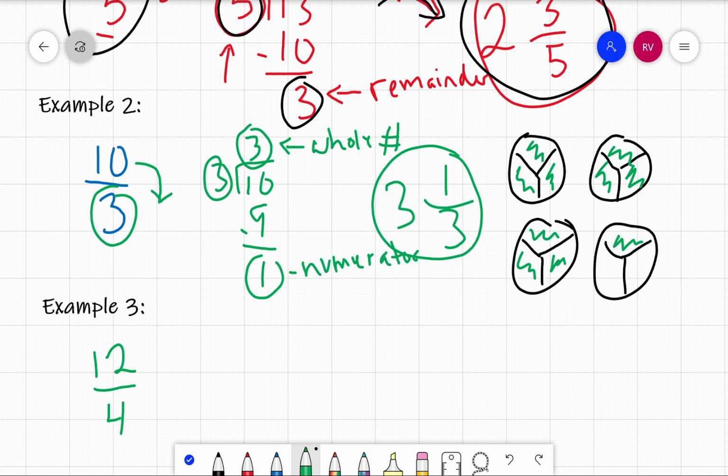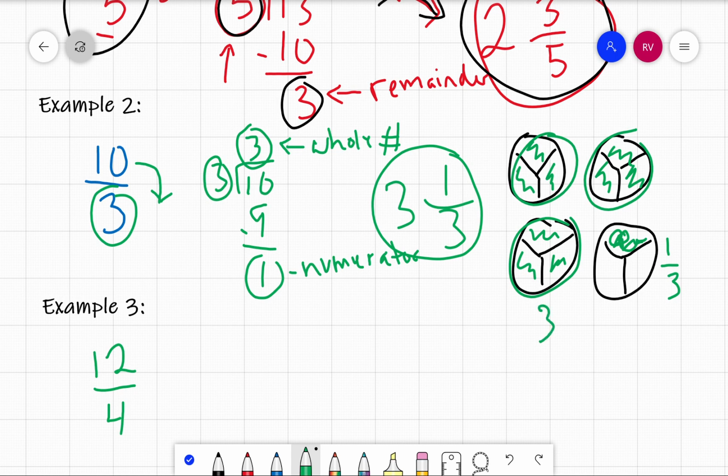Okay, so we have 3 and 1/3. Right here we have 1, 2, 3 whole circles, which makes up our whole number 3. And then we have 1/3 right here. Okay, so that makes 3 and 1/3.